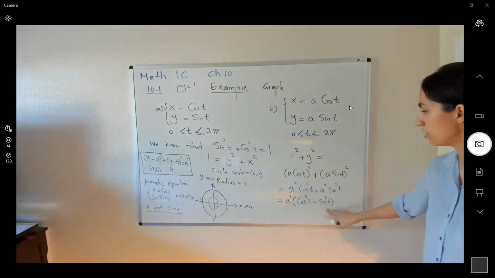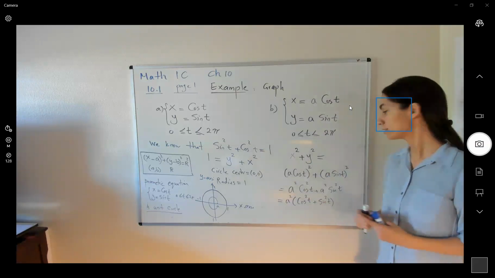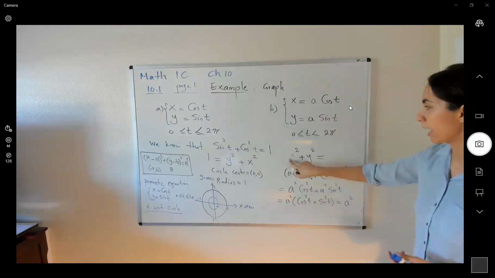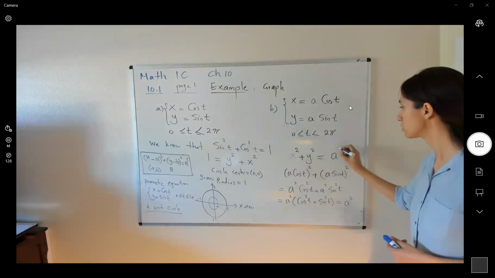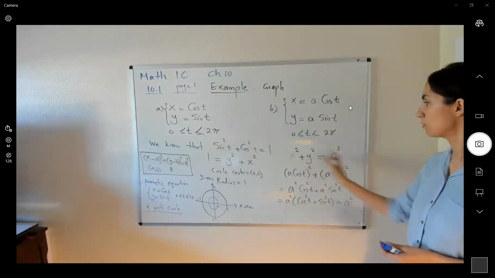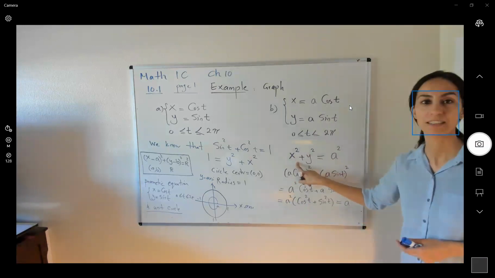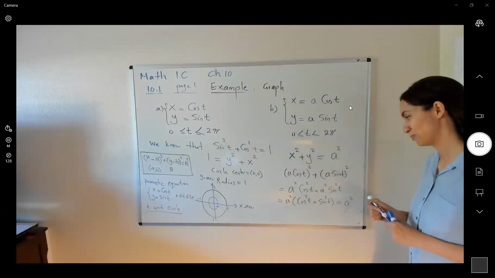Well, I already know that sine squared plus cosine squared is equal to 1. This is a trig identity. So this is equal to a squared. So x squared plus y squared is equal to a squared. But what is this? This is a circle centered at the origin with radius equal to a.